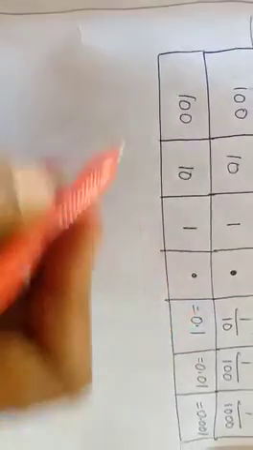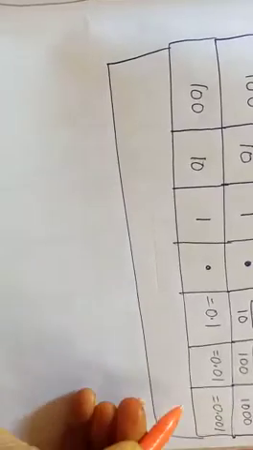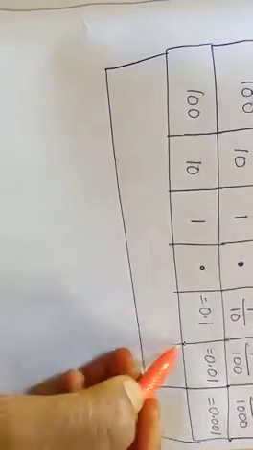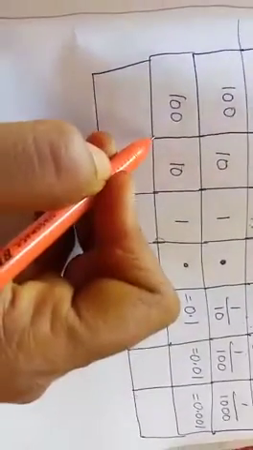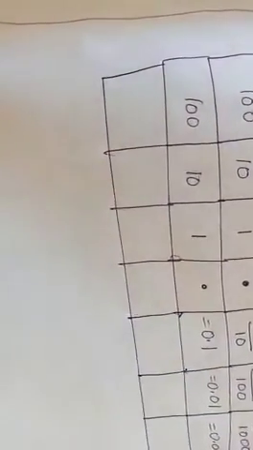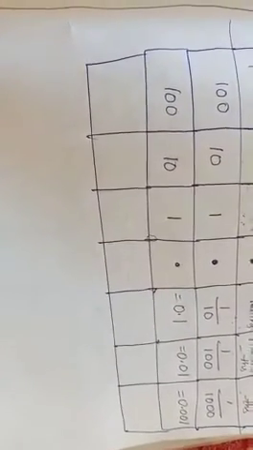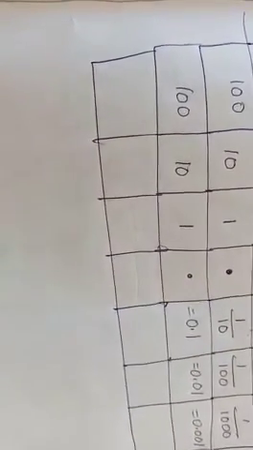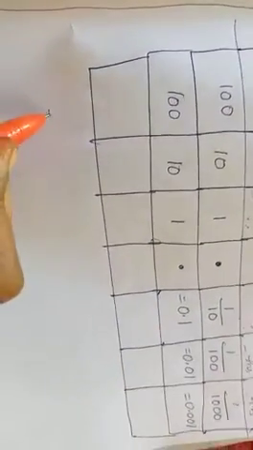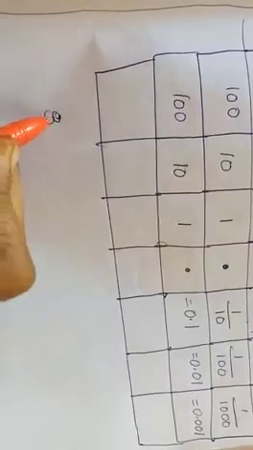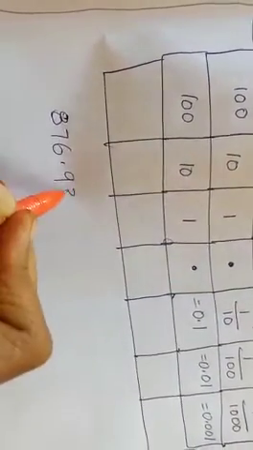Now I am going to take a number and we are going to place it in the decimal place value chart. So here, 876.93.